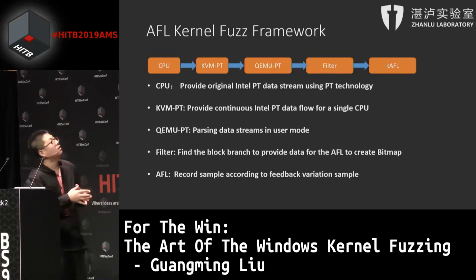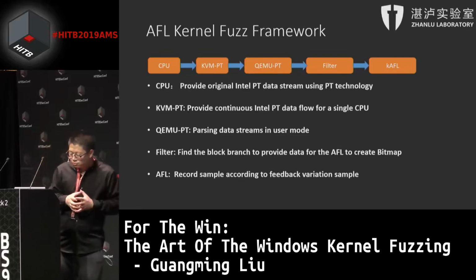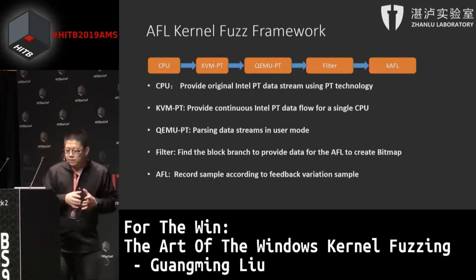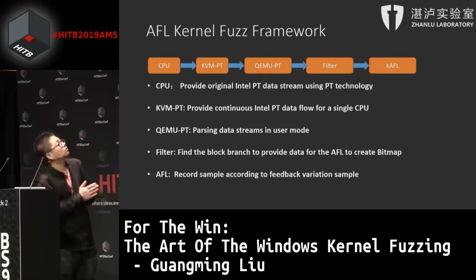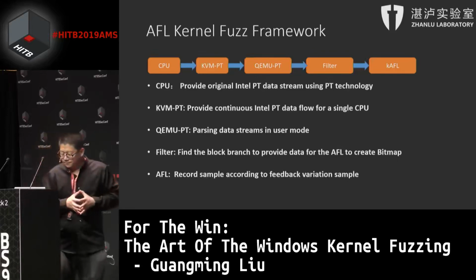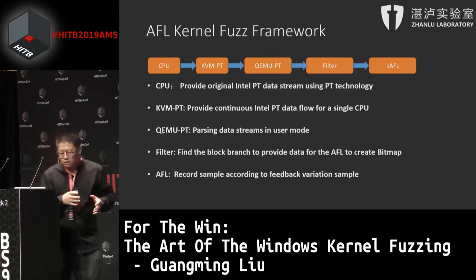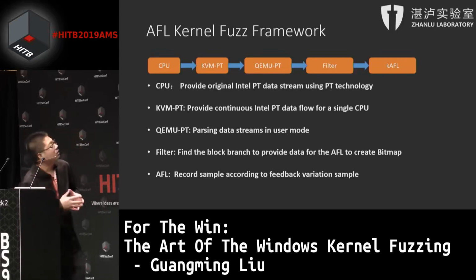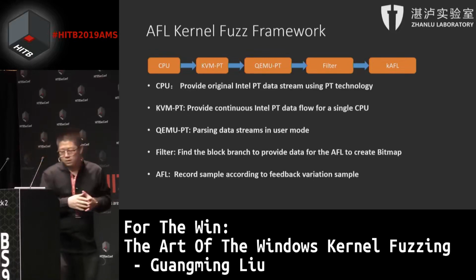And the next one is a filter. We need a filter to find the block branches, provide data for the FL, and to create the bitmap. The last one is the kernel FL. The FL will record the symbol according to the feedback. This is the FL kernel fuzz framework.